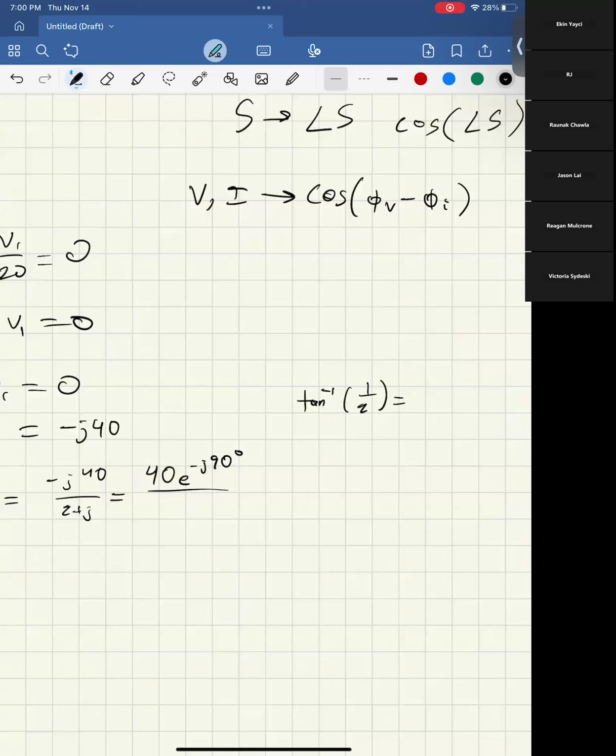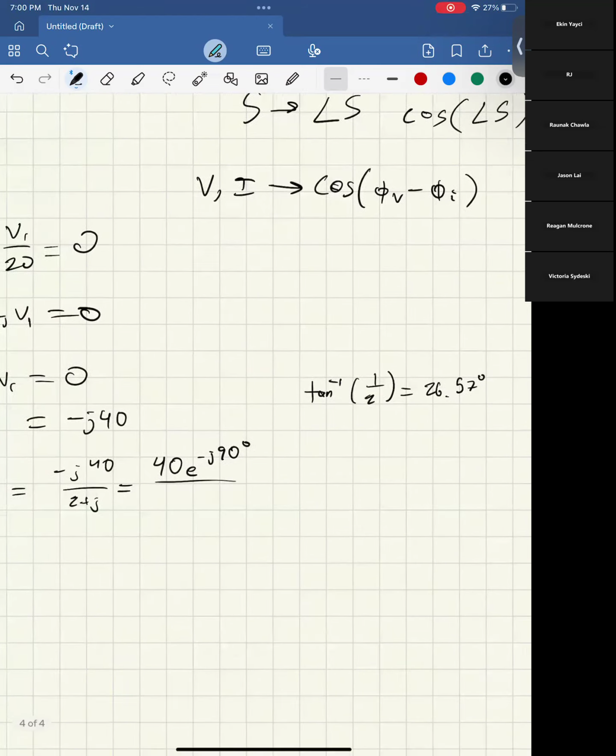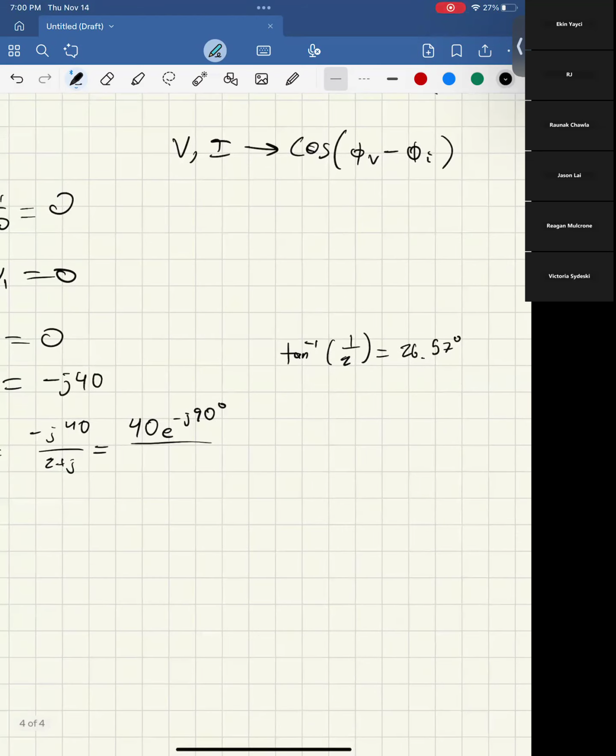It's 26.57-ish. And then if we take 2 over cosine of that, we get 2.236. So then we got 2.236 e to the j 26.56.